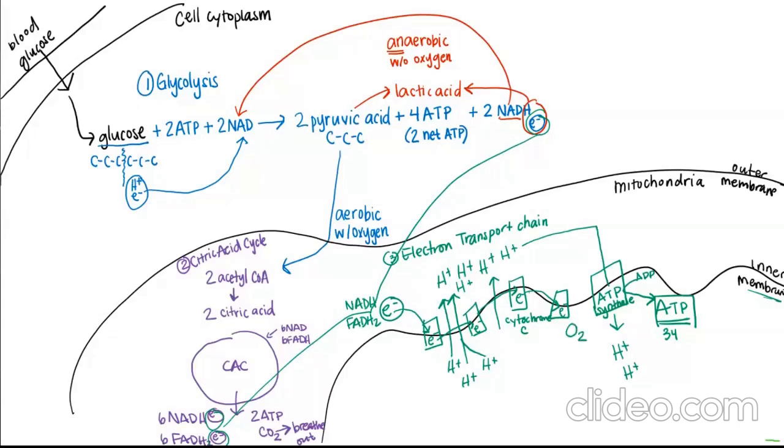Oxygen is at the very end of the chain, and its role is to accept the electrons at the end of the chain. We call it the final electron acceptor. If oxygen is not there to receive the electrons at the end of the chain, the electrons won't even start going down the chain. So oxygen is absolutely critical.